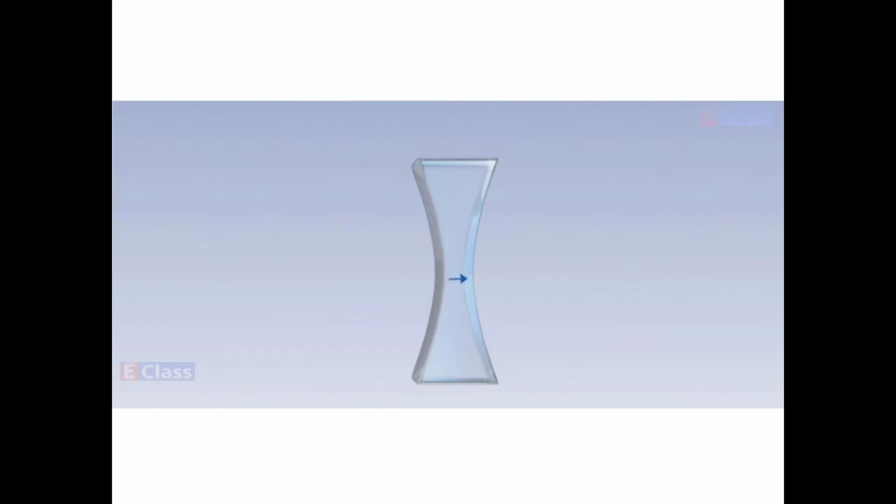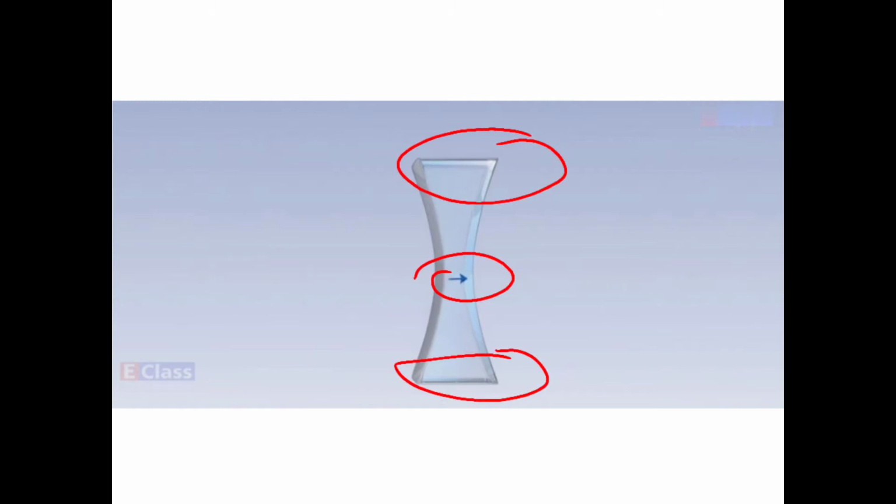Thereafter, you have another type of lens which is the double concave lens, which is thinner at the center and thick at the edges. See, here it is thinner and here it is thick at the edges. So this is called the double concave lens. These are the normal use.